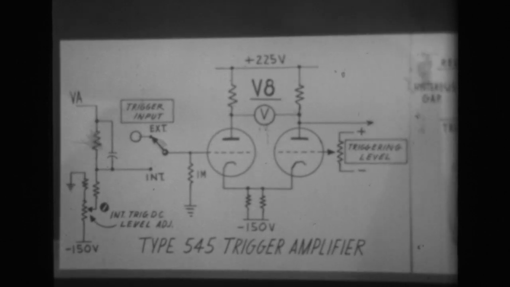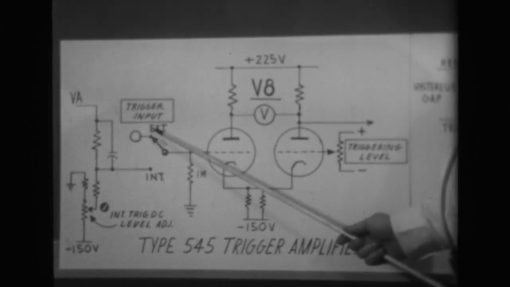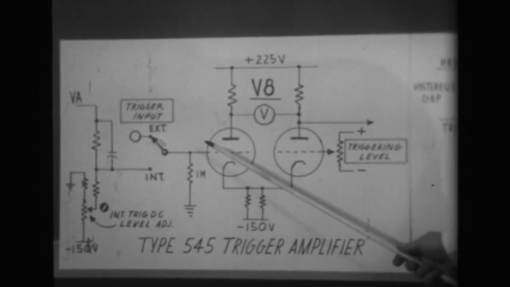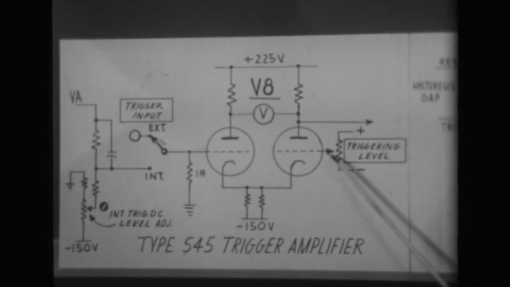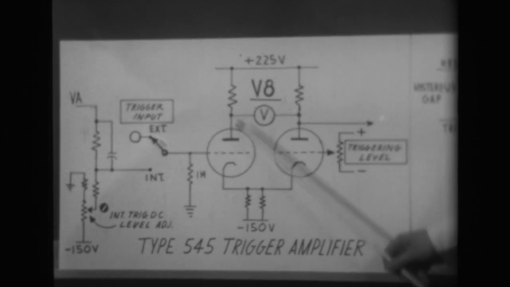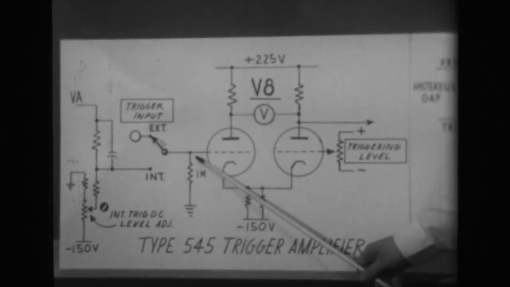Now let's quickly summarize the steps that we've just gone through using our basic schematics. With the source selector switch set in the external position, in other words, no signal applied to the input grid of the trigger amplifier, we found a setting for the triggering level control pot so that this plate stood perfectly still in reference to this plate as we interchanged the two grids of the trigger amplifier tube.